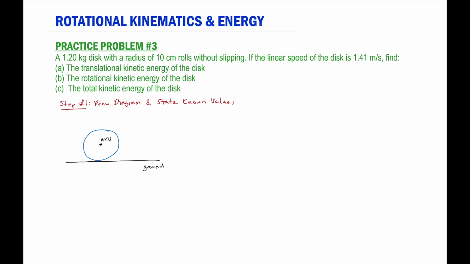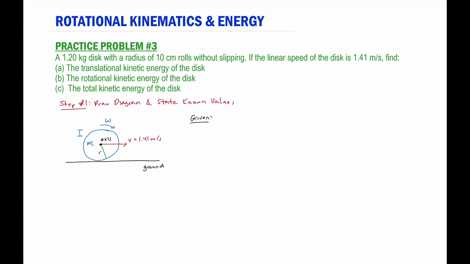The disk is 1.2 kilograms, so we have a mass here, but also because it's a rotating object, it has a moment of inertia I. The linear speed of the disk is 1.41 meters per second. We also have the radius of the disk. And we also know that in order for it to move forward, it has to have some sort of angular velocity.